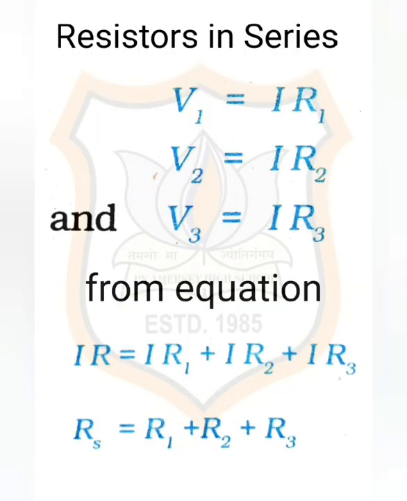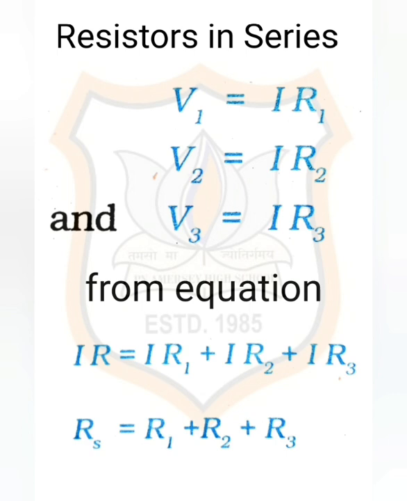Now let us derive the formula of equivalent resistance, or we can say the explanation of series combination of resistors. Two or more resistors are said to be connected in series if they are joined end to end and the same current flows through each one of them when a potential difference is applied across the combination.